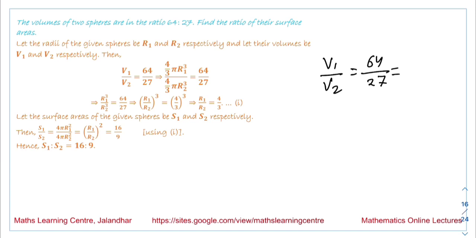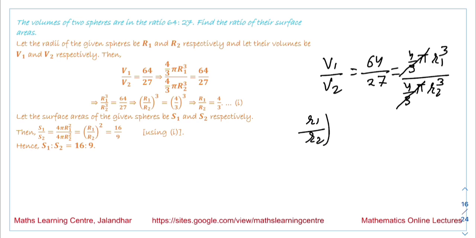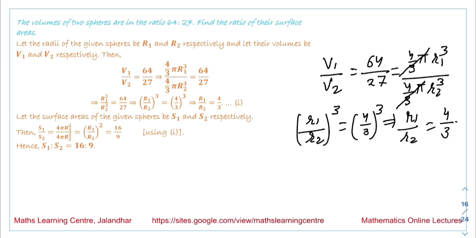The formula for the volumes is 4 by 3 pi r1 cube over 4 by 3 pi r2 cube. This 4 by 3 pi gets cancelled, so we get r1 over r2 whole cube is equal to 4 by 3 whole cube. So this gives us r1 over r2 is equal to 4 by 3.